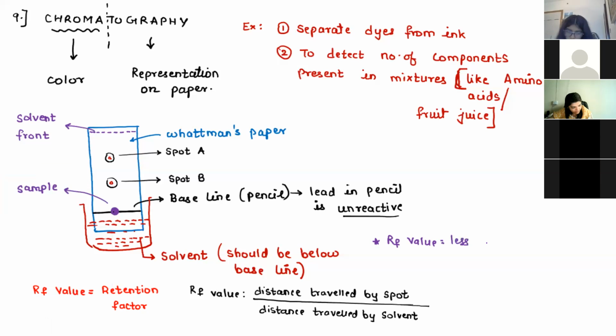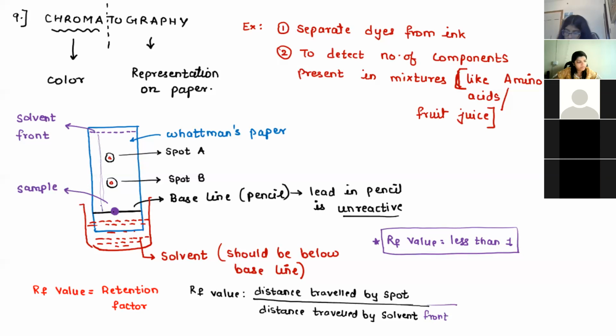Yes, Arpita. How will you know the distance traveled by the solvent? With the help of a scale. See, over here you have always marked the solvent front with a pencil, so you know the distance from the baseline.